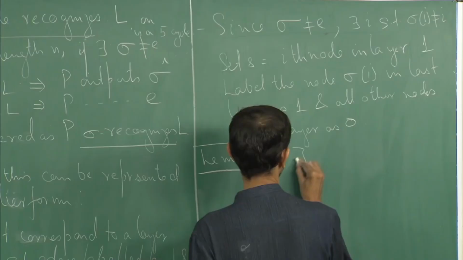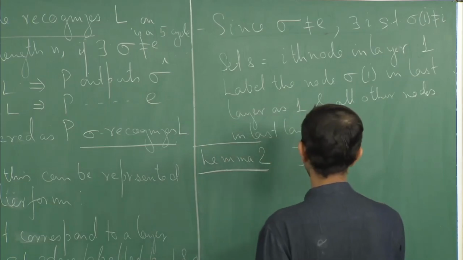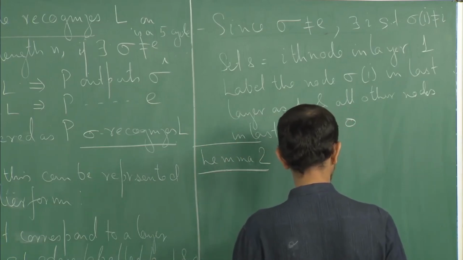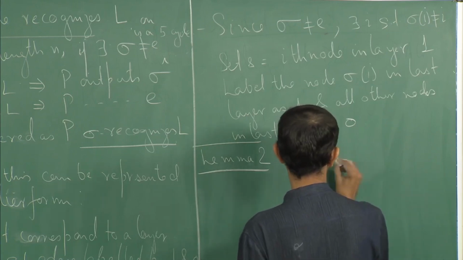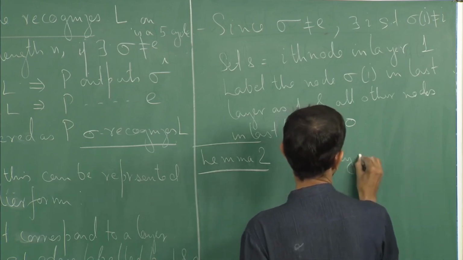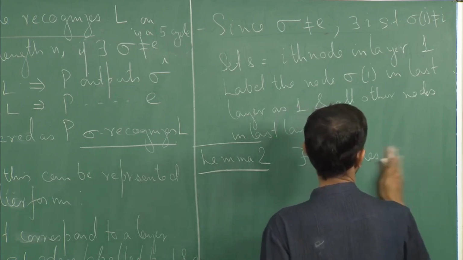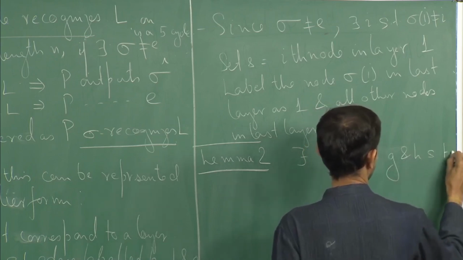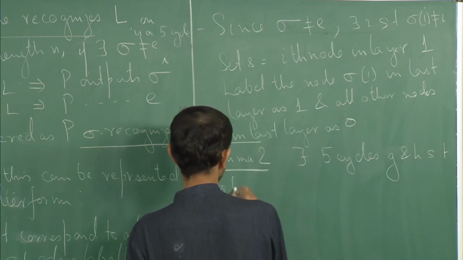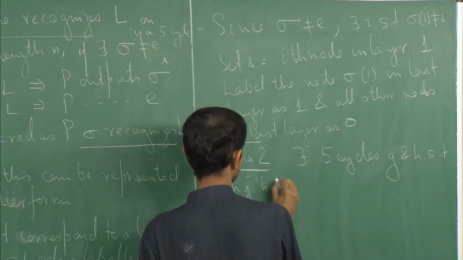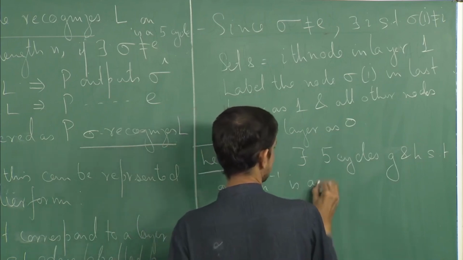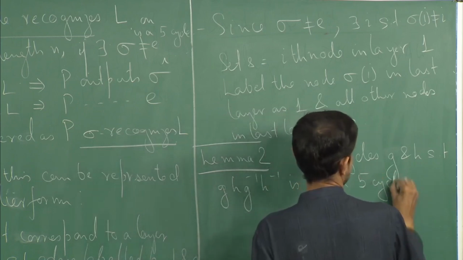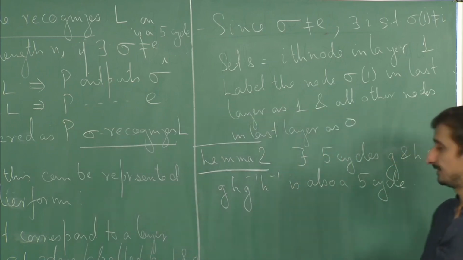So, there exist two 5 cycles G and H such that G H G inverse H inverse is also a 5 cycle.